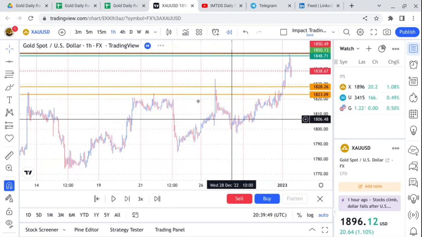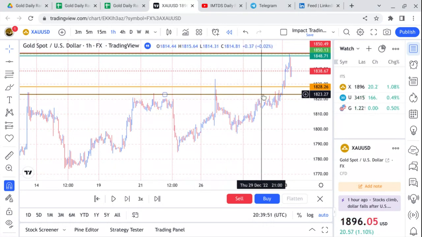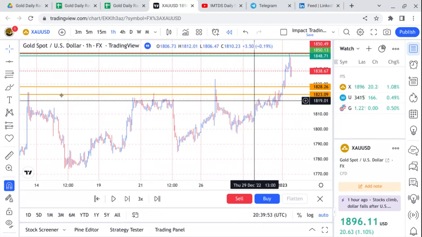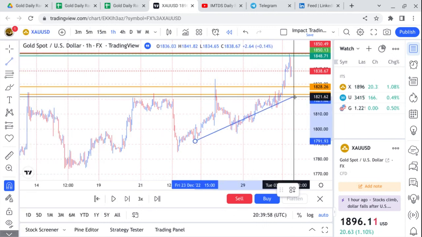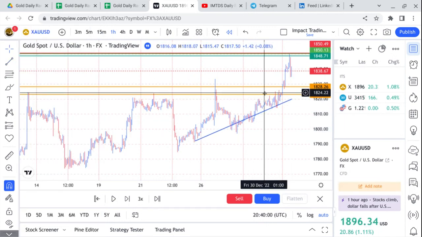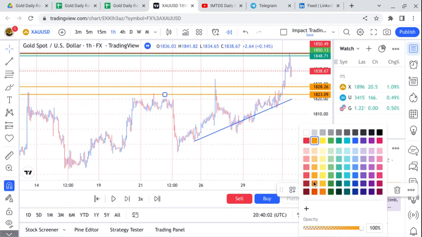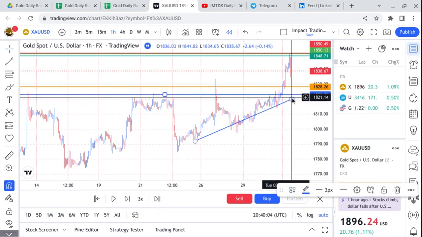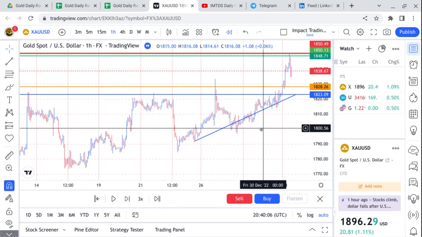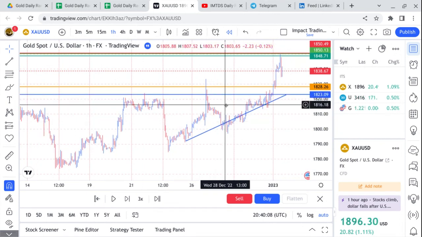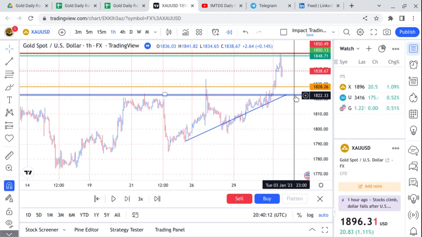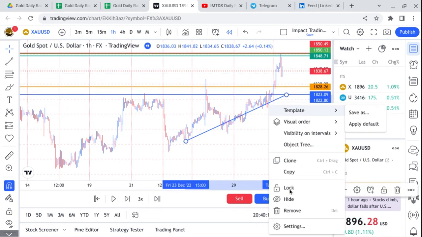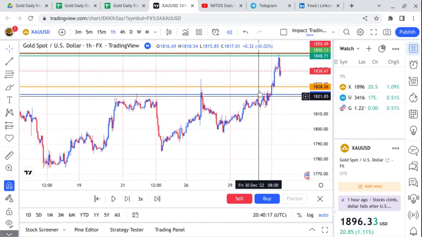And then we have a break of a pattern here, a break of a triangle pattern. See the triangle pattern here. After a break of a pattern, we would expect price to move into these areas right here before the trend would continue. And that happens on a regular basis.